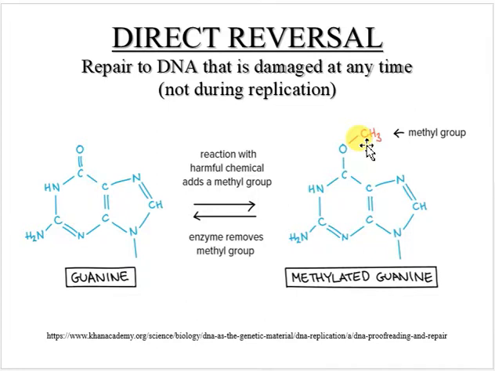So only a few types of DNA damage are actually repaired with direct reversal. The large one being your photolyase. Here you have the creation of what are called pyrimidine dimers, which result from exposure to ultraviolet light or radiation.